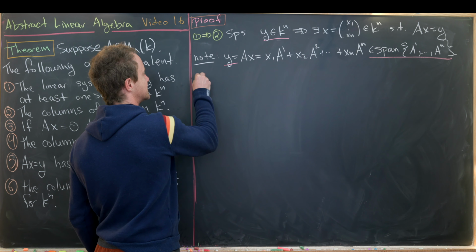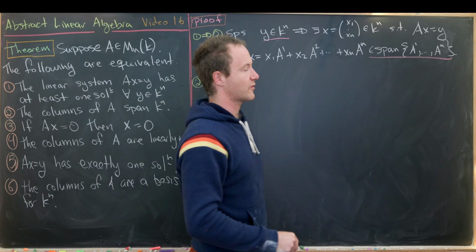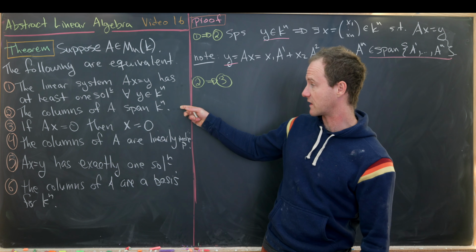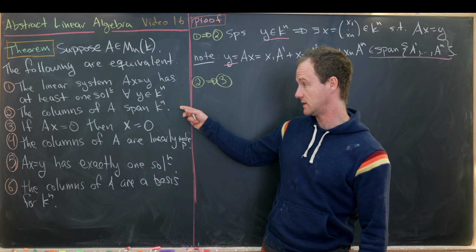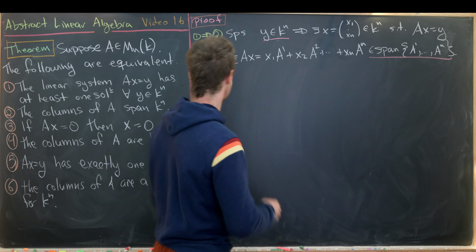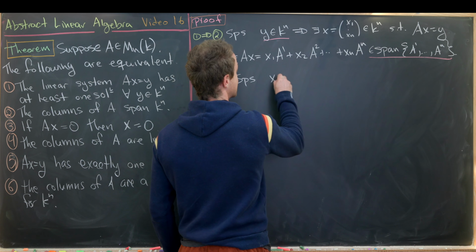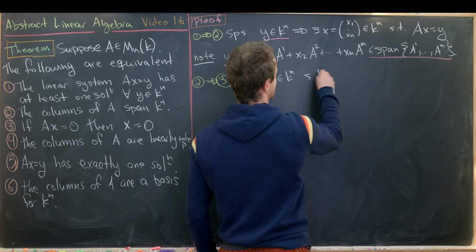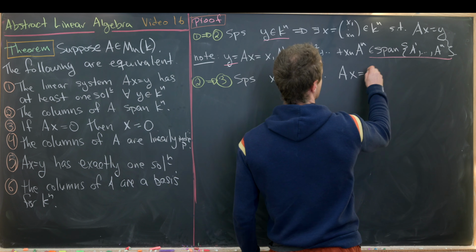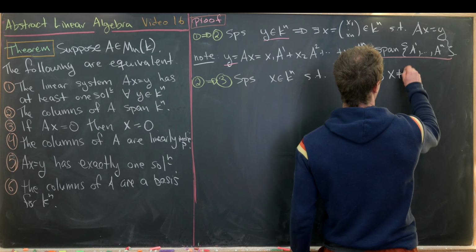So next, let's do 2 implies 3. In other words, we are assuming that the columns span K^n, and then we'll show that the null space is trivial. So let's go ahead and suppose that x is in K^n such that Ax equals 0, but x is not equal to 0.